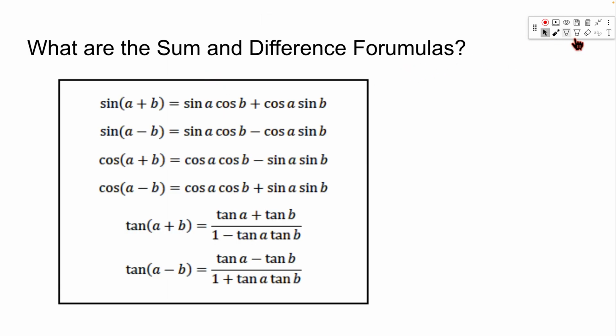All of these work very similarly. If we want to find the sine of two angles that are added together, we have this identity: we will get the same value if we use this formula. So we don't necessarily need to know the angle. Also, if we're going to subtract two angles, we have a formula for that. We have the formulas for cosines added and subtracted, and then we have the tangents for two angles added or subtracted.